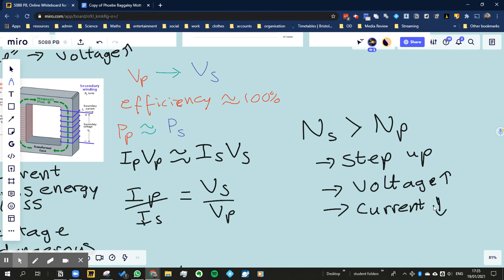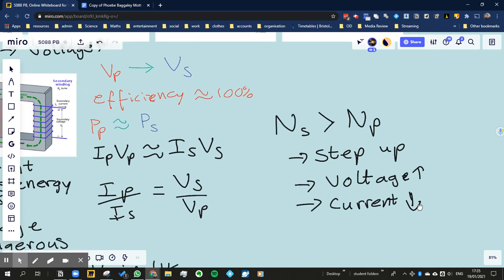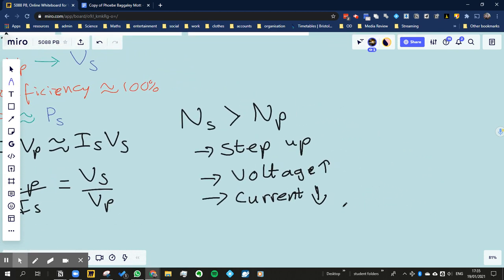If it was the other way around, it would produce the opposite effect. And if they were equal, there wouldn't be any point to the transformer, because you'd have exactly the same current and the same voltage.